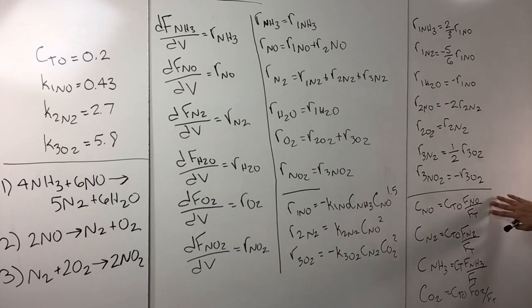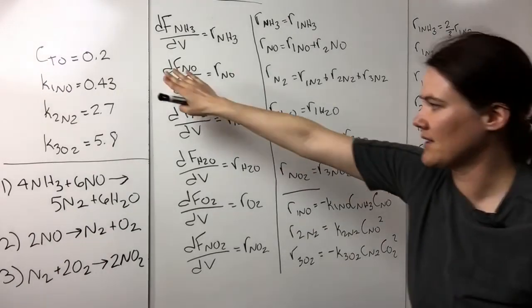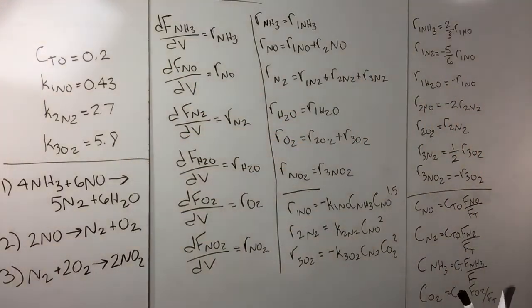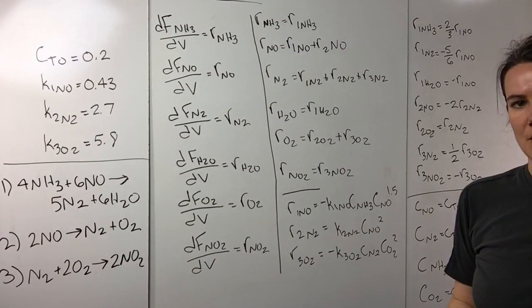That was this equation for a gas, and then we just have our constants, and we should have everything we need to solve this. In the next video I'm going to go through this in MATLAB.